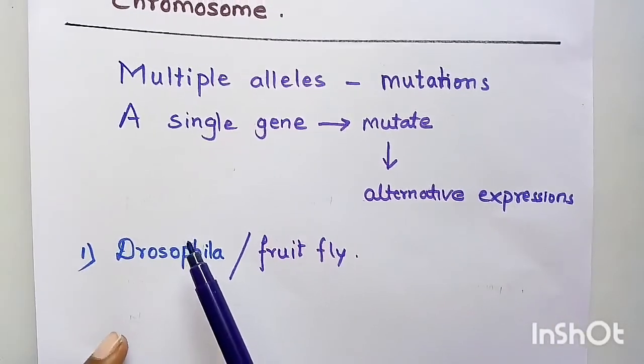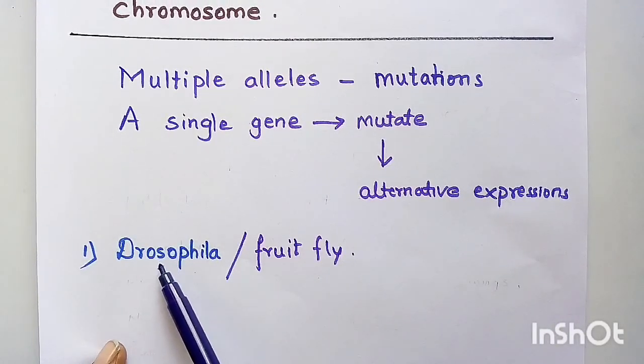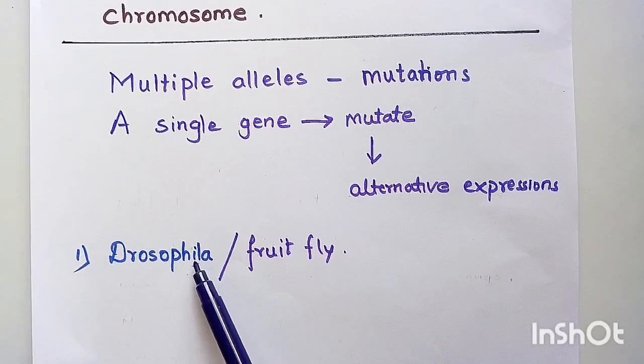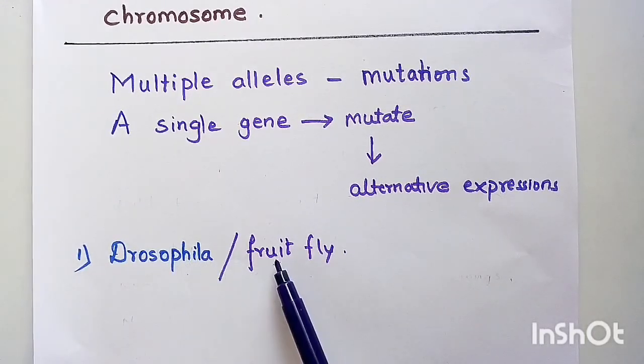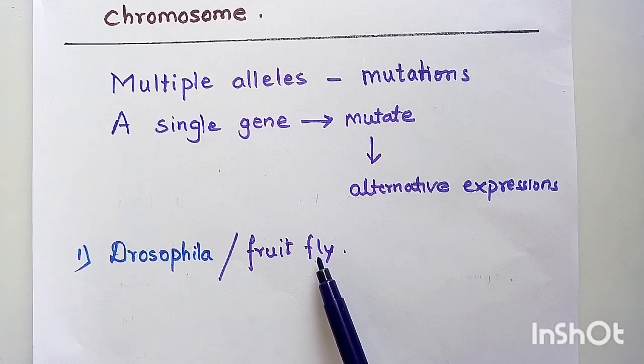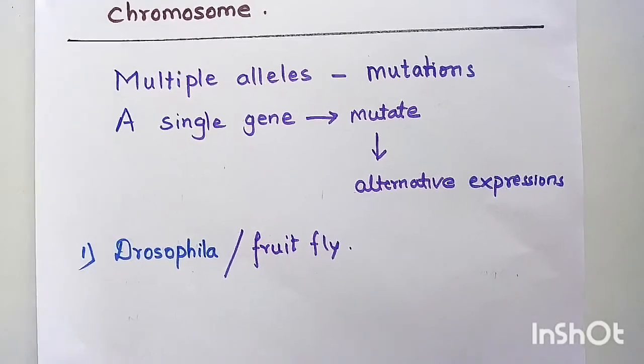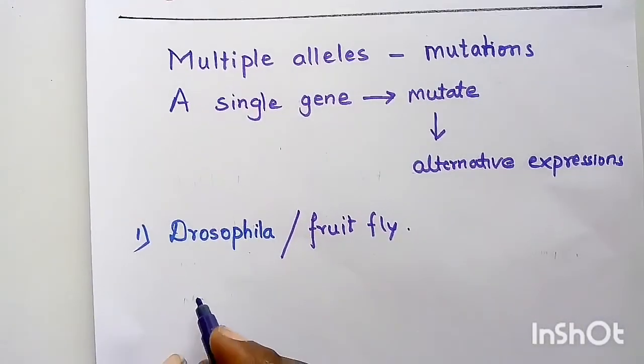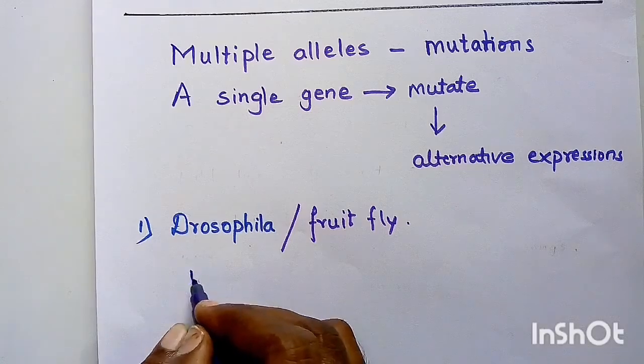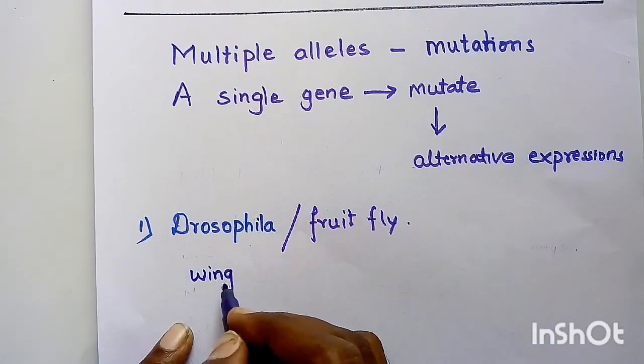The best example to study multiple alleles is Drosophila. Drosophila is an insect which is also called a fruit fly. Now in Drosophila, a large number of multiple alleles can be seen. One of them is the wings of Drosophila, so this is the example that we'll be studying.